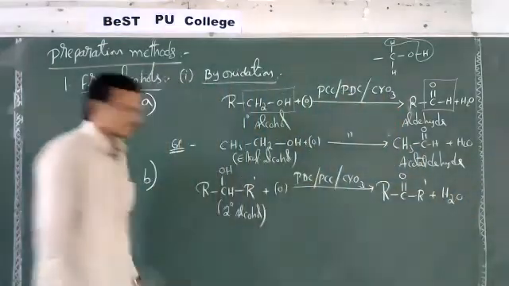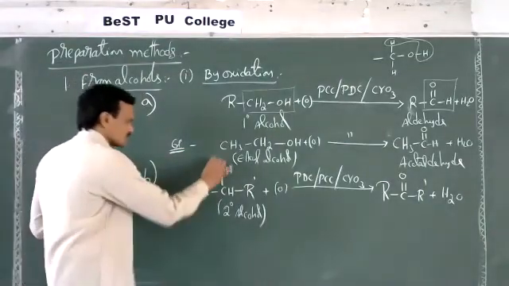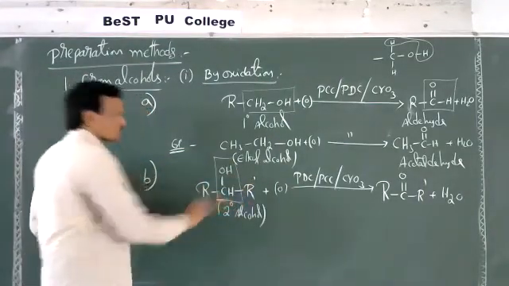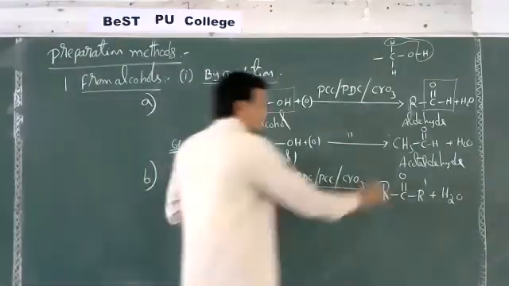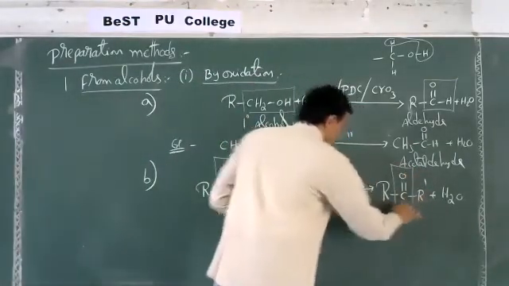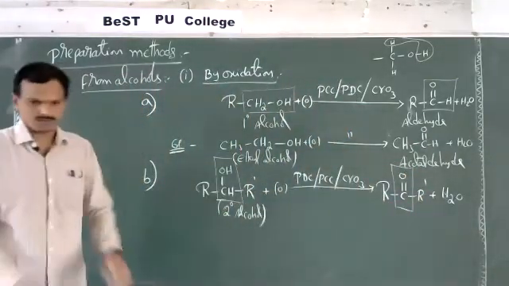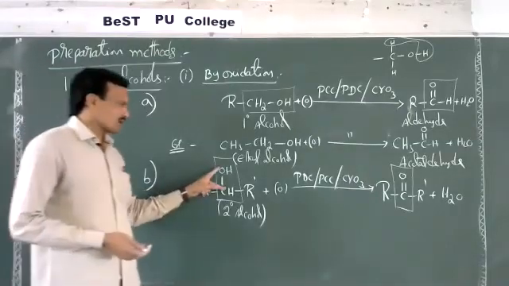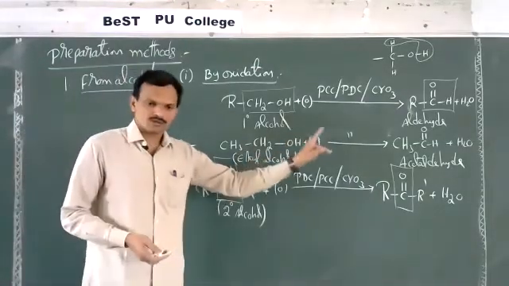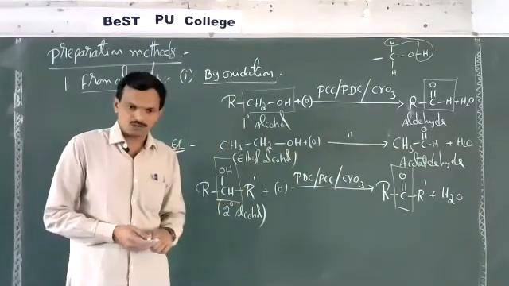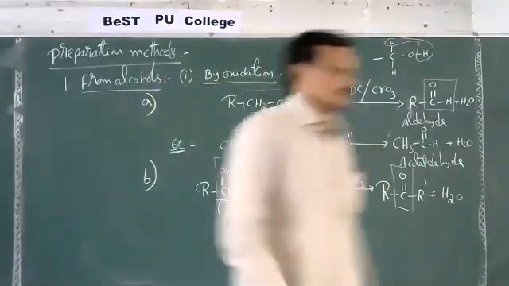Now see here also what the overall change is. The CHOH group is oxidized to CO group. This is the overall change in the total reaction. Secondary alcohol is oxidized to ketone, C double bond O.